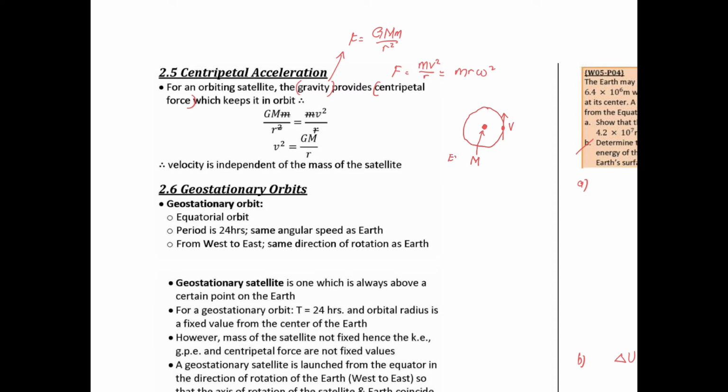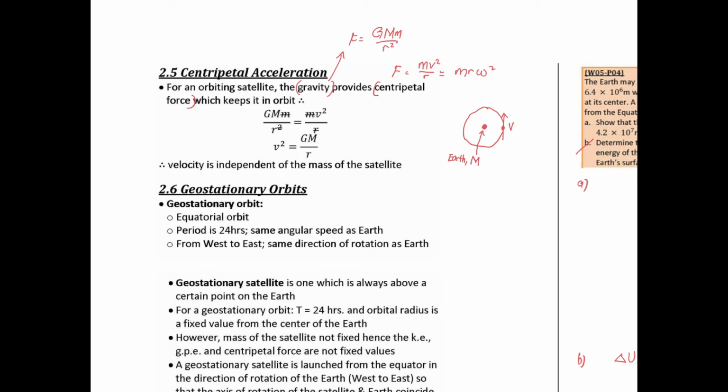Let's say the Earth with mass capital M. And you see our formula is GM over r. So we just care about the mass of the Earth, and the r, the distance between the Earth and the satellite. Velocity is affected by the mass of the Earth and the r. So hence, they said it here, velocity is independent of the mass of the satellite.